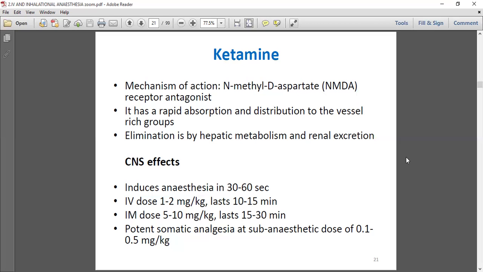So if glutamate and glycine don't bind, there will be no excitation of neurons. That's how ketamine acts. That's its mechanism of action. It acts by antagonizing the N-methyl D-aspartate receptor.